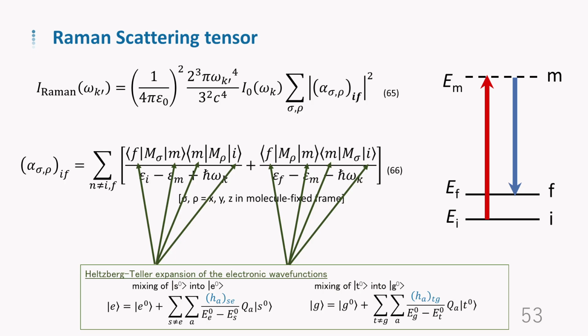And I should be affected by molecular vibration. The electronic wave function of M should also be affected by mixing of the wave function F also. So let's replace the electronic wave function of IMF with this form, Hertzberg-Teller expansion.